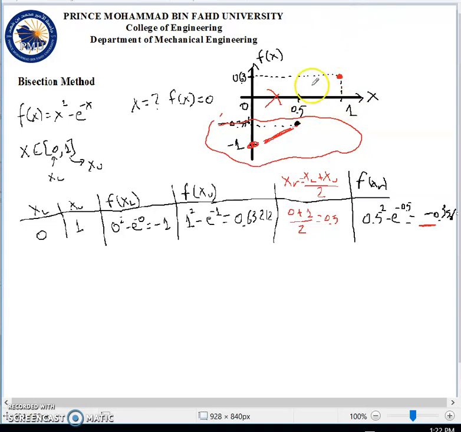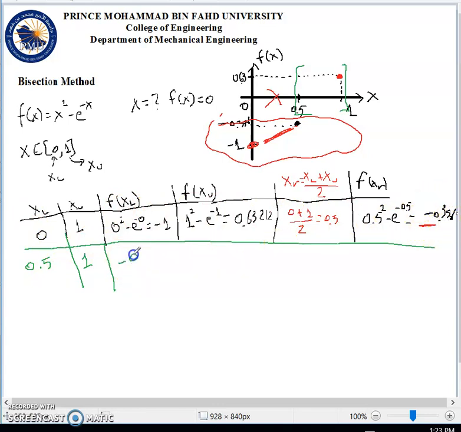And this is exactly what we're going to use for our next iteration. For our next iteration, we're going to replace x low with the new x low, 0.5, and our x upper will remain the same, 1. It's easy to fill this table. We have 0.5 here, and the function at 0.5 we found earlier, so it'll be minus 0.356.